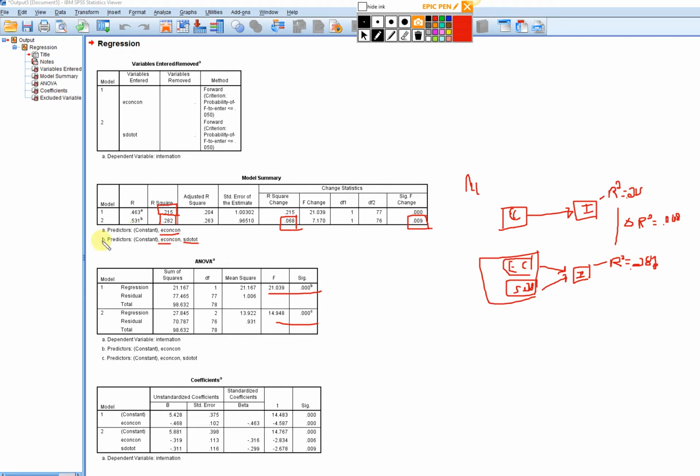Notice that there's no model 3 or 4, and that's because there would be no significant increment in R-squared by adding in additional predictor variables.